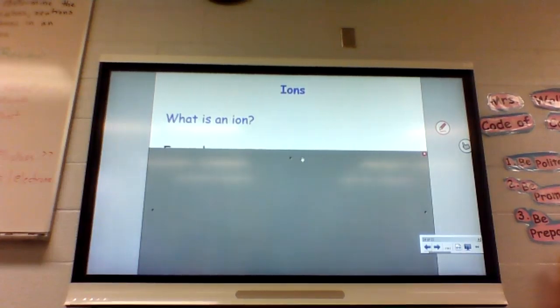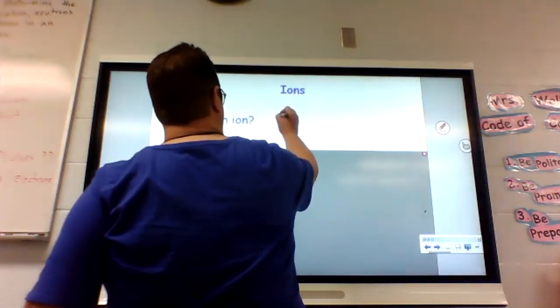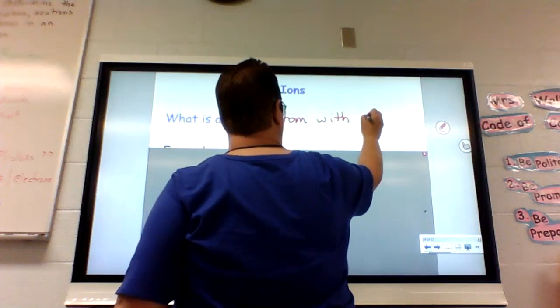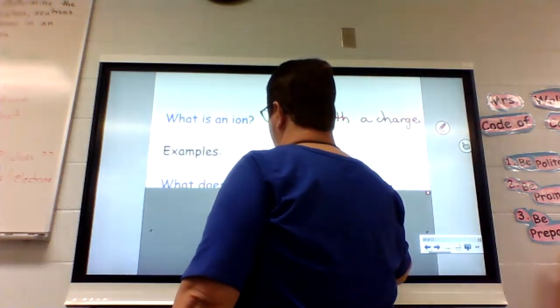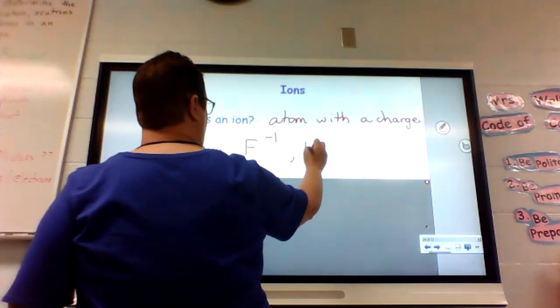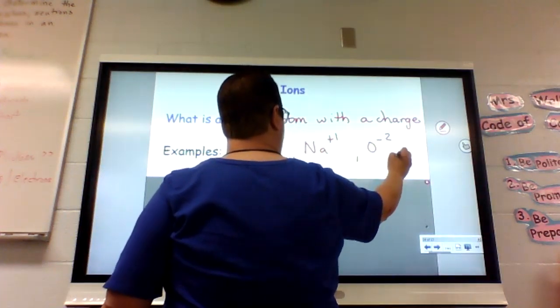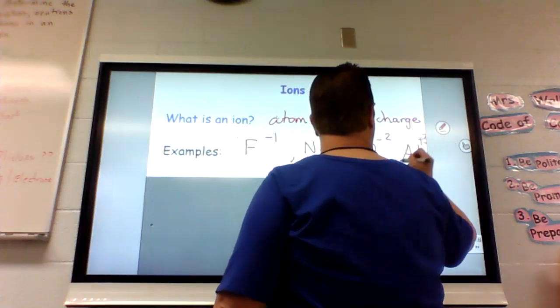It's an atom with a charge. So it might be like F minus 1 or Na plus 1 or O negative 2 or Al plus 3.